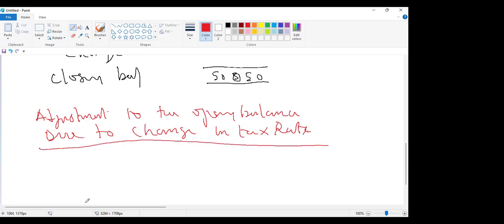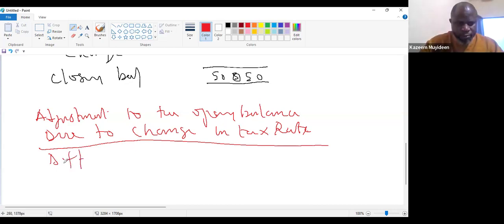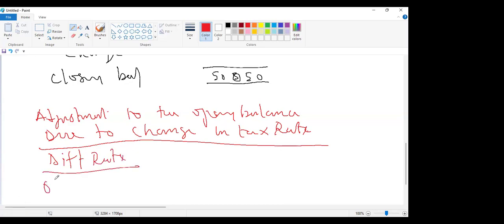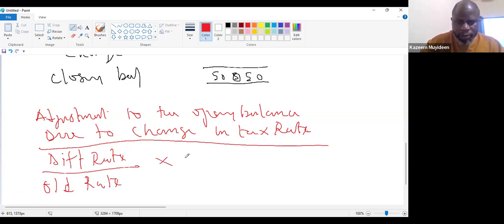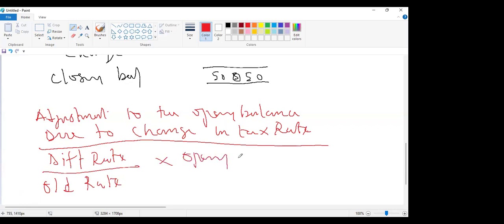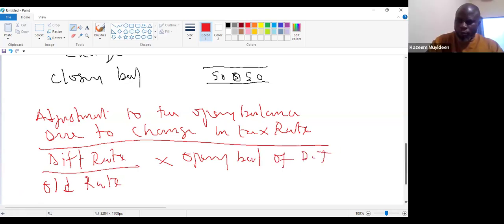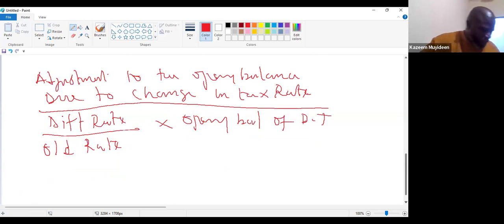Good. I'll now apply the formula: difference in rates, all over old rate, multiplied by opening balance of deferred tax. How does it move?